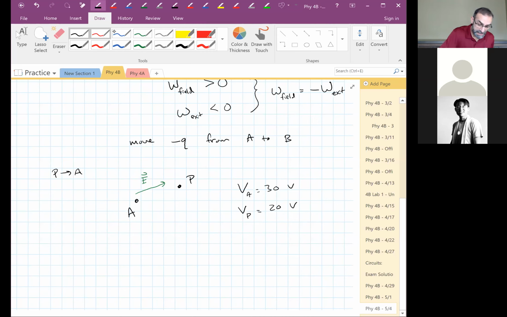And if we release a positive charge here, how's it going to get to A? Well, the electric field is pushing it the opposite direction. So we would have to come in with some external force in order to make it go to A. So the work done by the external force is what?